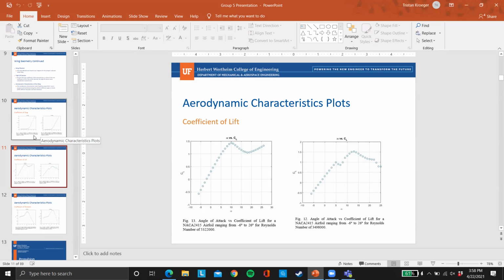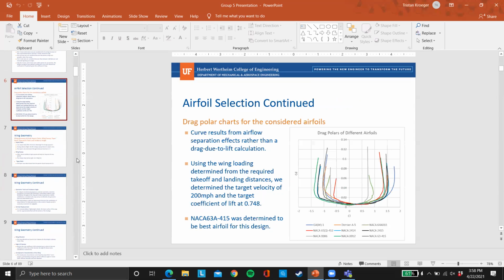So what I mean is that when you make the decision, you gave 9 options here, and there's only one graph of drag polar. I want to see the lift coefficient performance of all these 9 airfoils, right? I want to see your plot of lift coefficient versus angle of attack for these 9 airfoils on one graph.